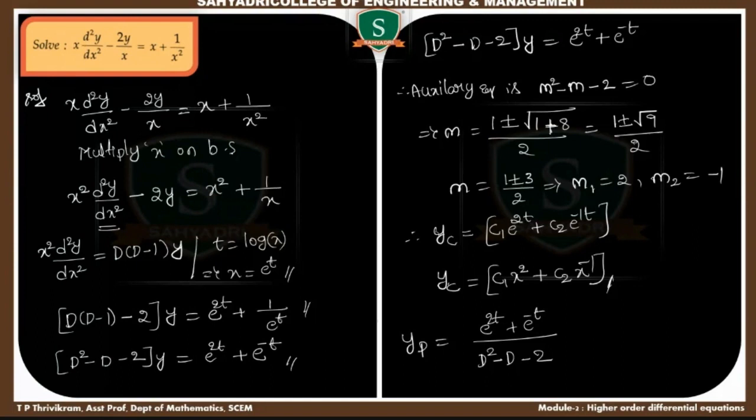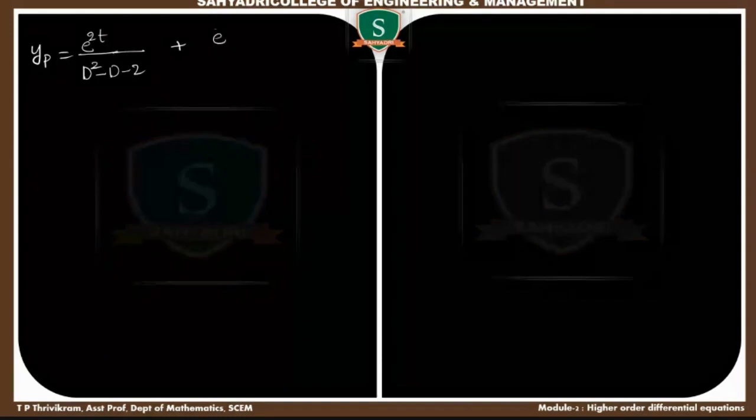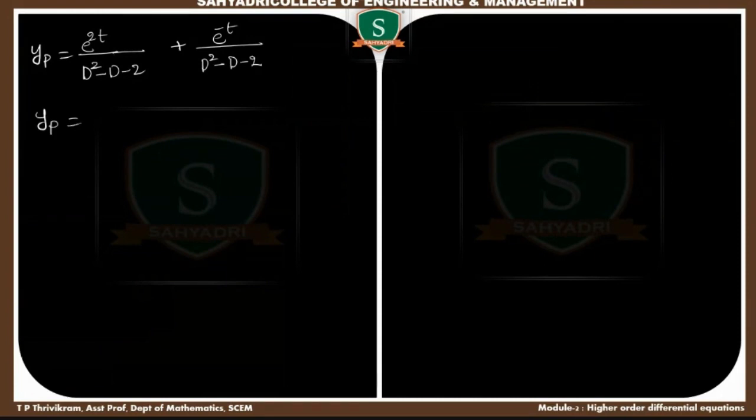Now I will split this like this: yp is equal to e power 2t divided by d square minus d minus 2 plus e power minus t divided by d square minus d minus 2. 2 and minus 1 are the roots of the denominator, so if we substitute directly, you'll get 0.